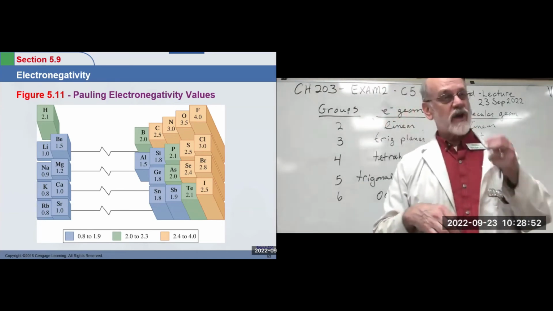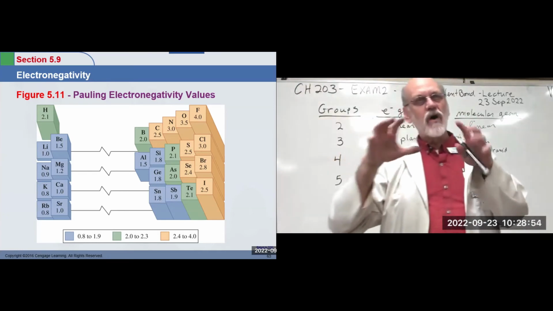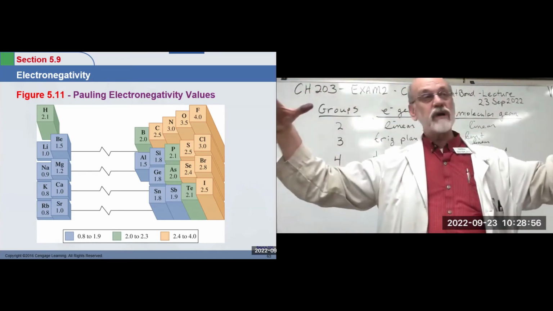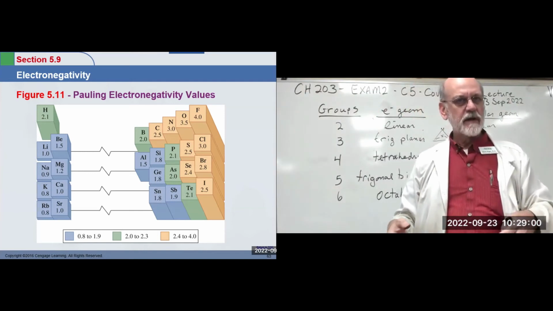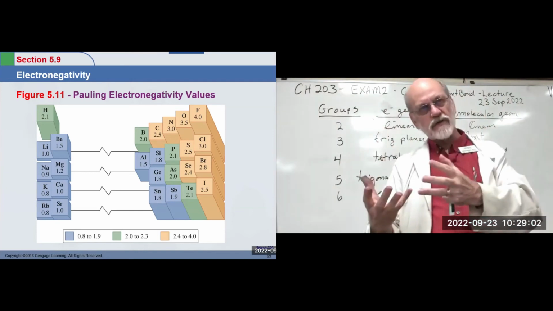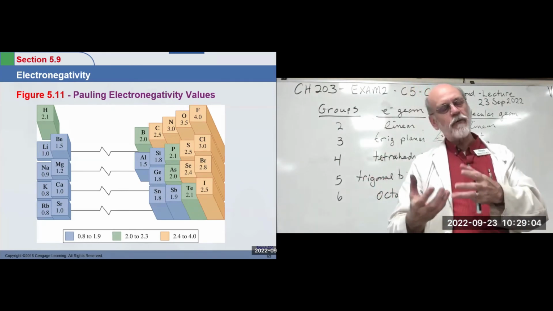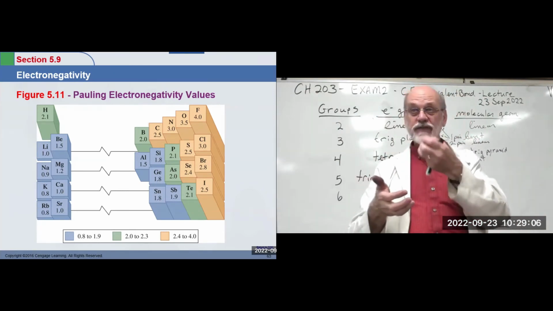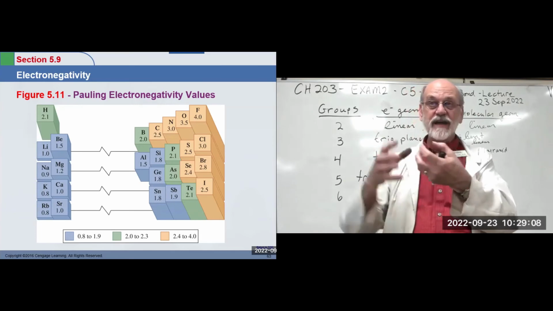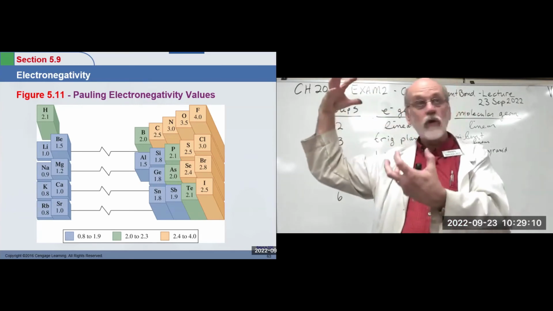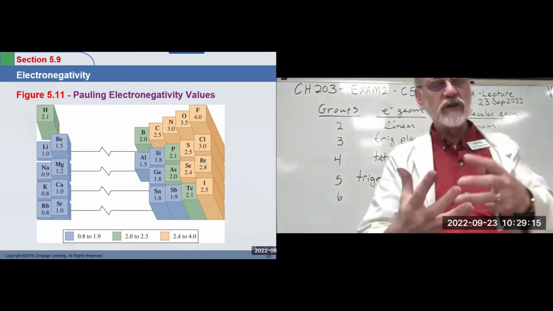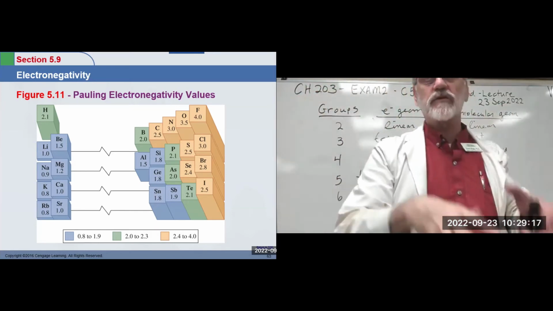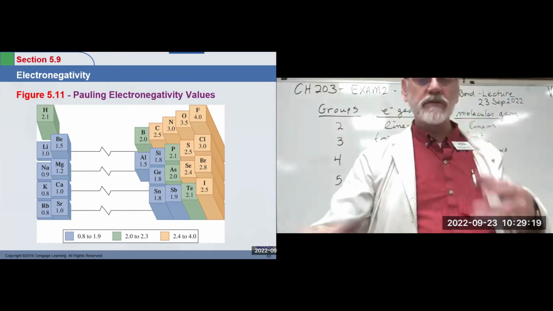But the electrons that you're adding as you go down are in bigger and bigger shells, outer shells. So these core electrons are offering a shielding effect against that positive nuclear charge inside. So the outer electrons don't feel it as strongly because the positives in the nucleus are shielded by these core electrons.